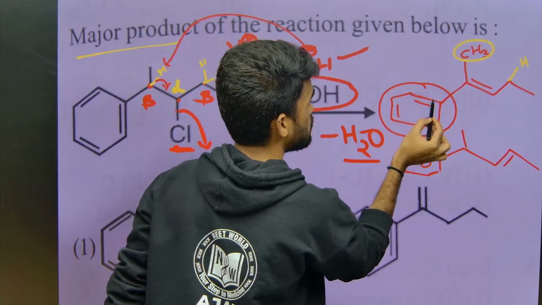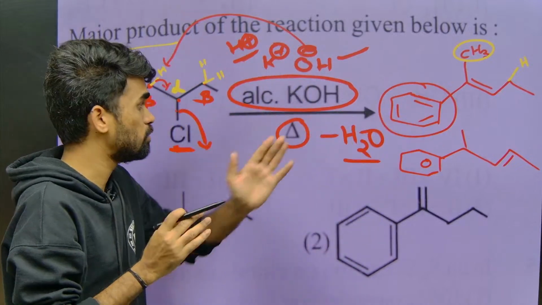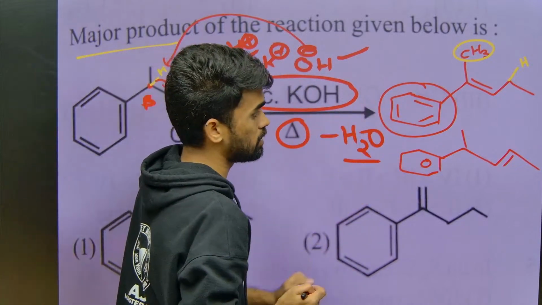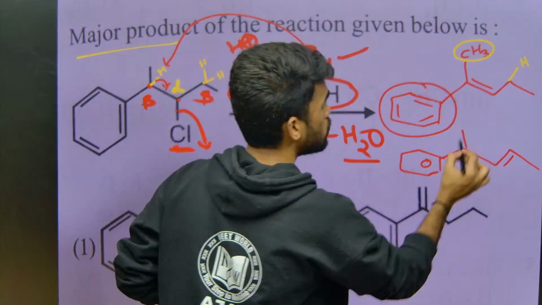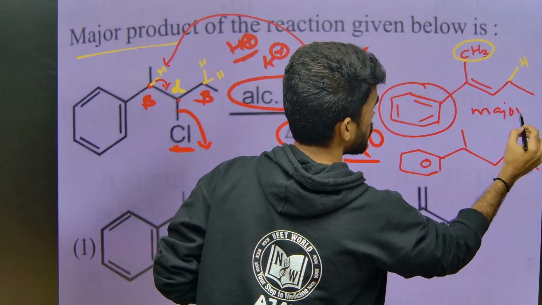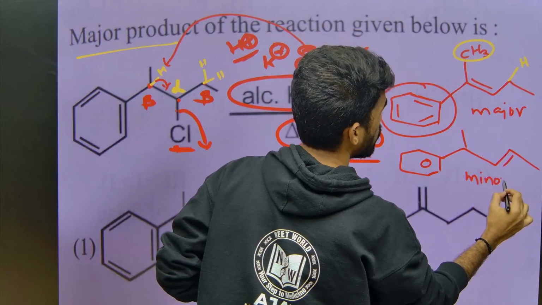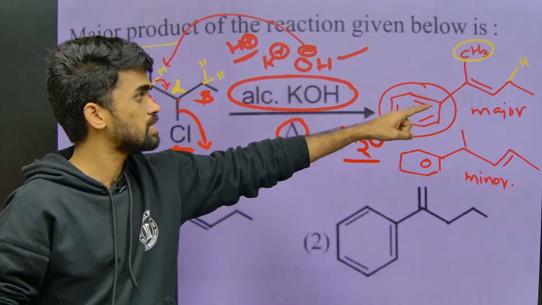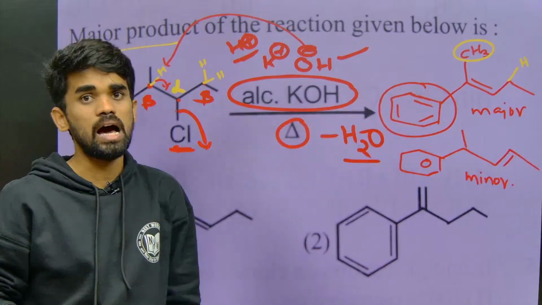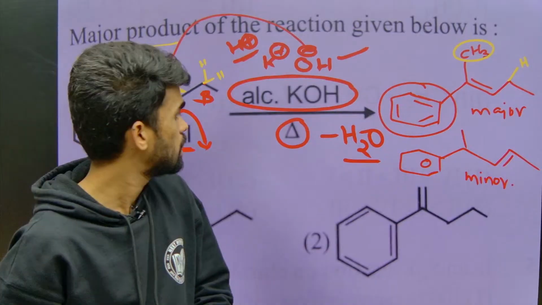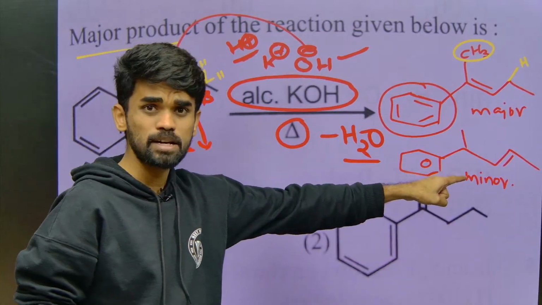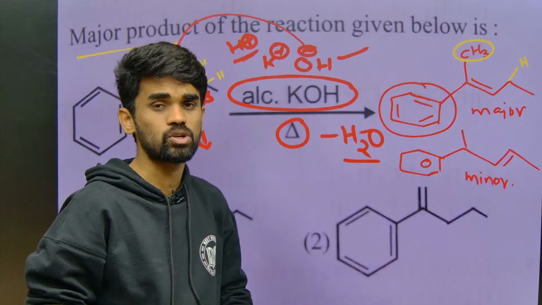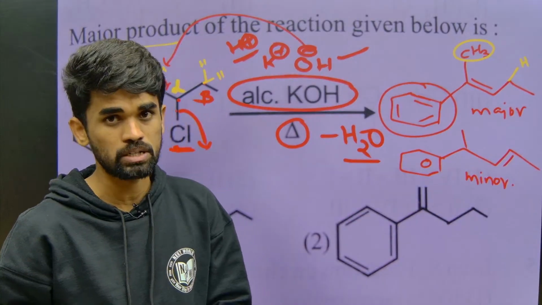Therefore that makes it a more stable product when we compare it with this isolated double bond. So I can say this is major and this is minor. These internal, more stable alkenes are also called the Saytzeff product, and the less stable or terminal alkene is considered the Hofmann product.